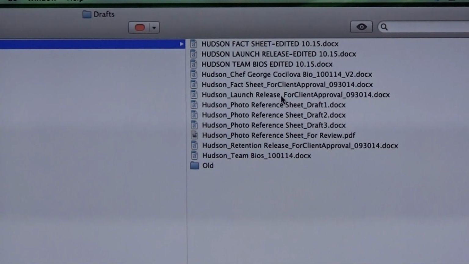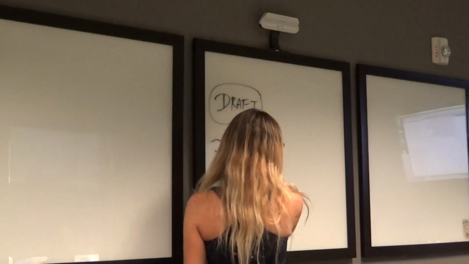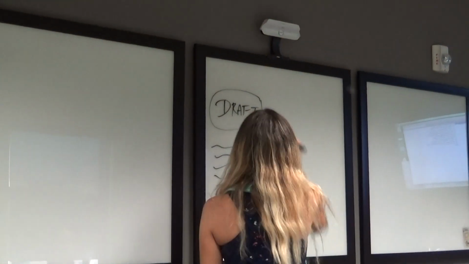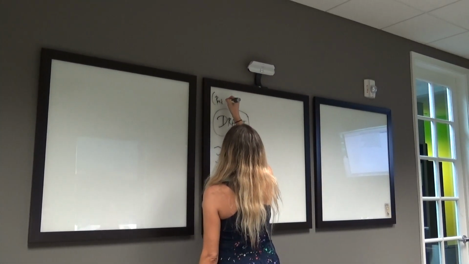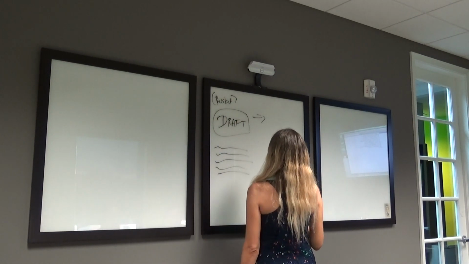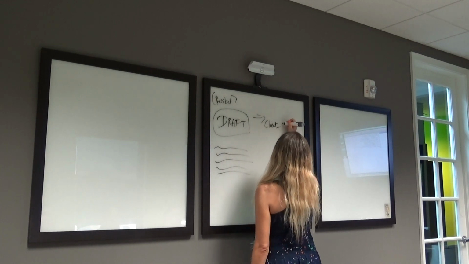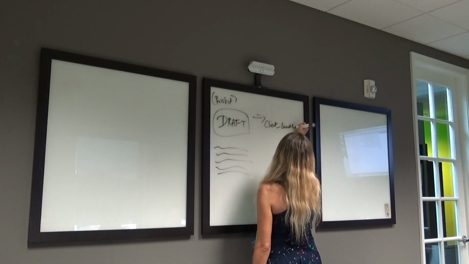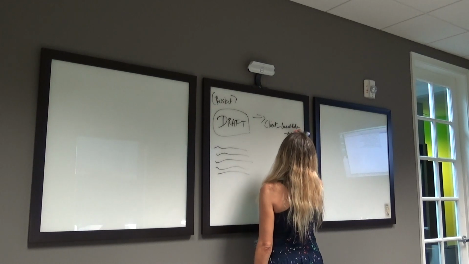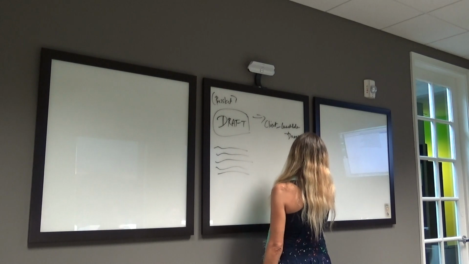So here's the draft folder. And then here are the documents that live outside of the draft folder. And then this is the press kit folder. In the draft folder, you will have client, let's say launch release, whatever, draft 1, and you can put the date.